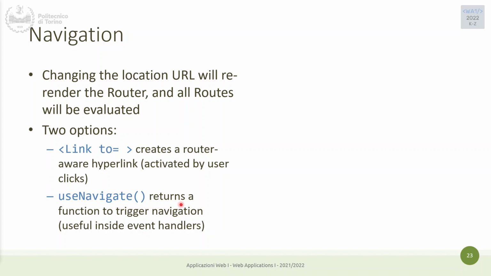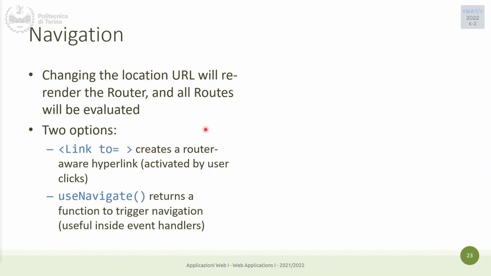We have two different options. We have a React component, Link, which creates a router-aware hyperlink that is activated by user click. Or we can use a hook, useNavigate, that returns a function to trigger navigation. It is very useful inside event handlers.